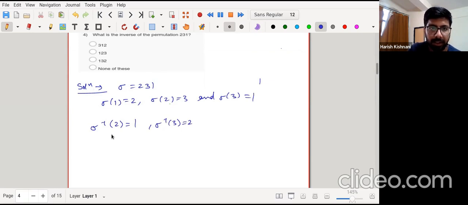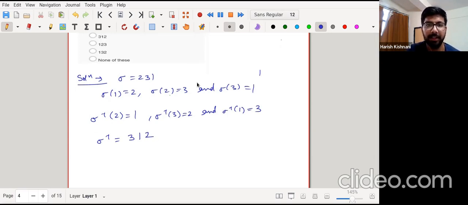I'm just reversing these things. 1 is mapped to 2, so sigma inverse of 2 should be 1. 2 is mapped to 3, so 3 should be mapped to 2. And here you will get sigma inverse of 1 to be 3. So sigma inverse has 3 at first place, 1 at second place, and 2 at third place. So yes, Brian, you were correct. 312 is the correct answer. Is it clear to everyone, or does anyone else have any doubt?